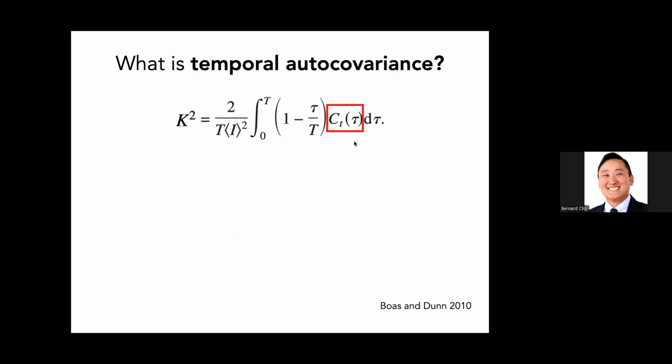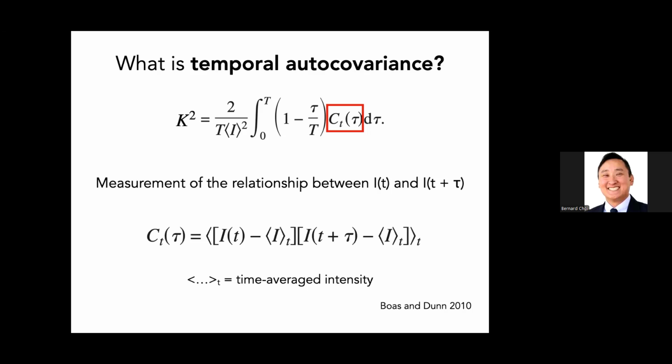So what is this temporal autocovariance? Does anybody know? Ezekiel. Yes, you are correct. It's the relationship between the intensity at a time point and then at some delay. It would be like if you had a sine wave, and then you push a button and the sine wave frequency starts changing.